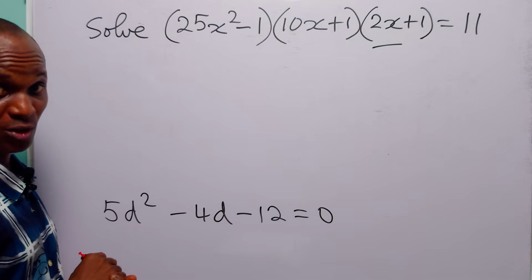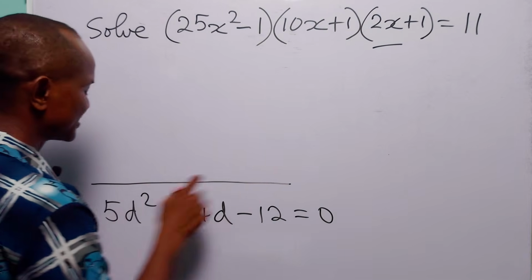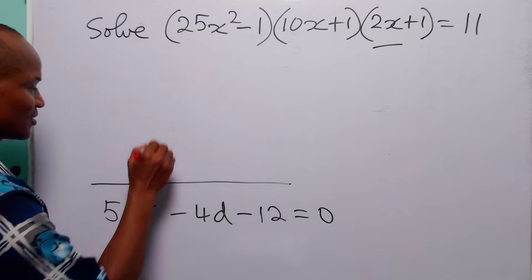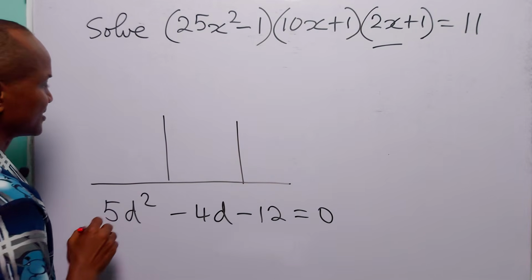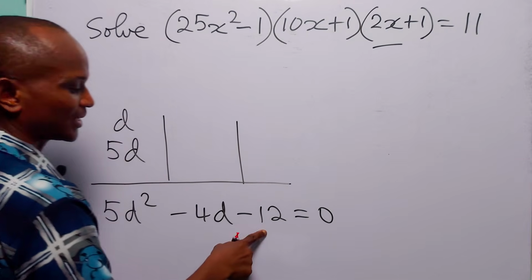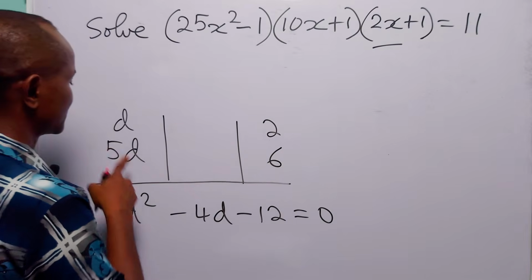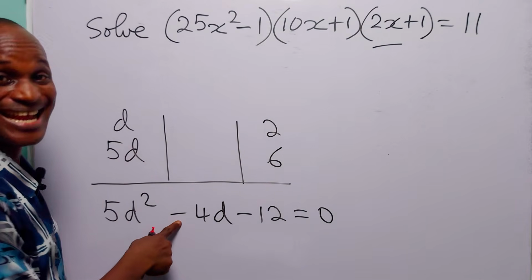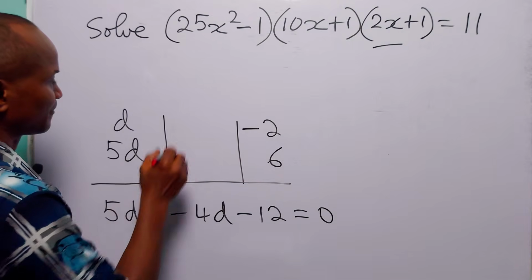Now, we can solve this quadratic equation by factorization. Since the coefficient of D squared is not 1, let us use the table method. What are the factors of 5D squared? We have D and 5D. What are the factors of minus 12? We have 2 and 6. Now, since this is negative, let this be the negative factor.